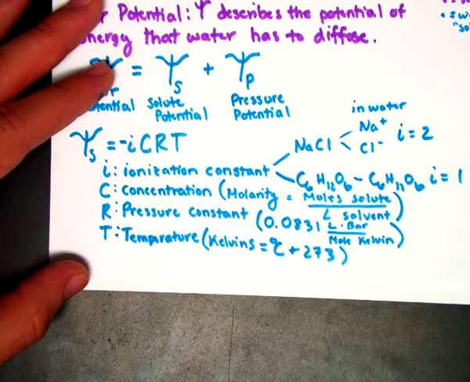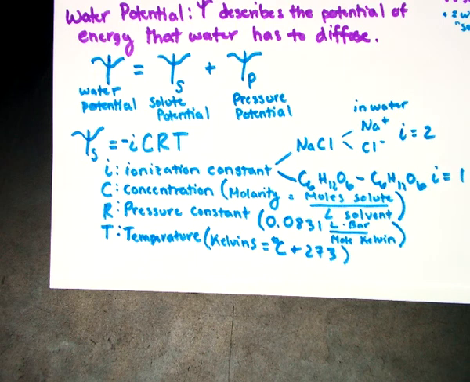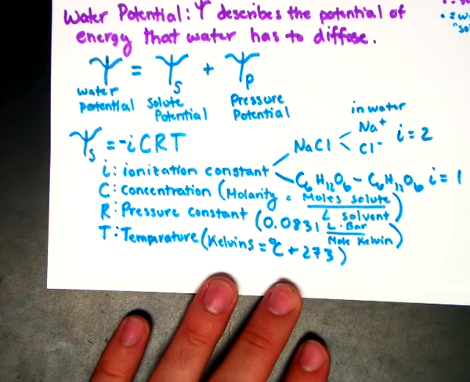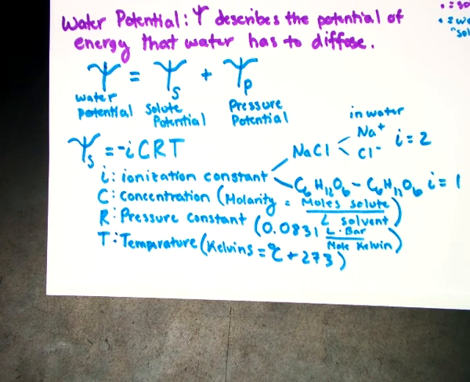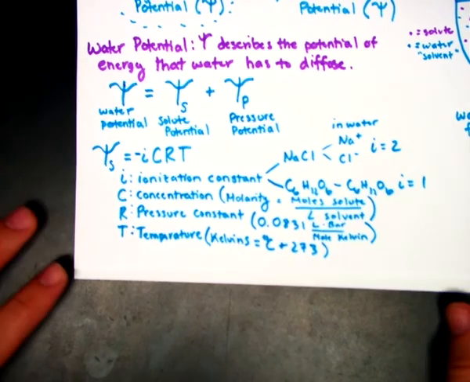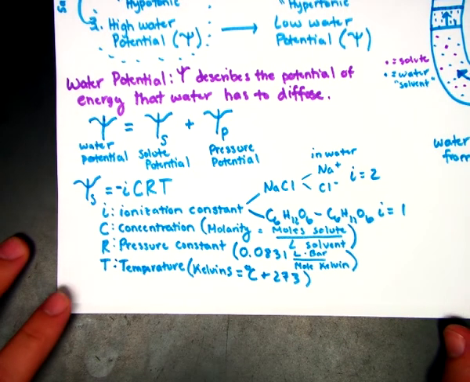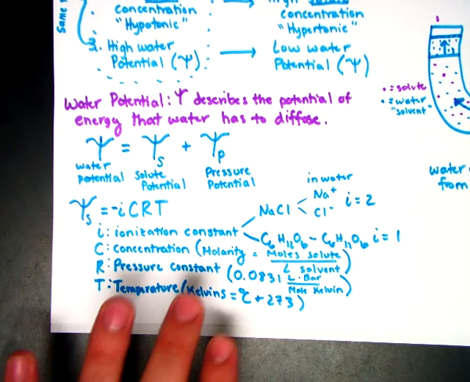That will put your temperature into kelvins. If you do it with Celsius, you get the wrong answer. You always got to convert it to kelvins. Okay, questions? So that's how you calculate our solute potential. That's the bulk of the work.